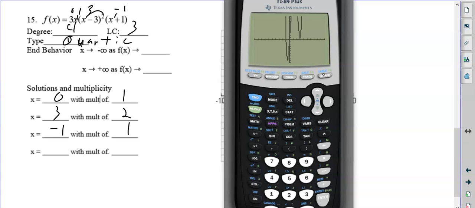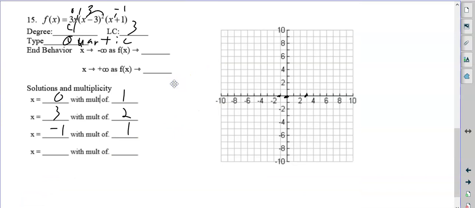It's a general W idea. Notice we have a bounce here. That's right there. And then at 0, we have a pass-through, and at -1, we have a pass-through. So both of these are going up towards positive infinity.